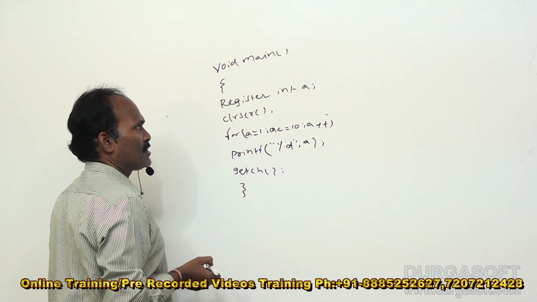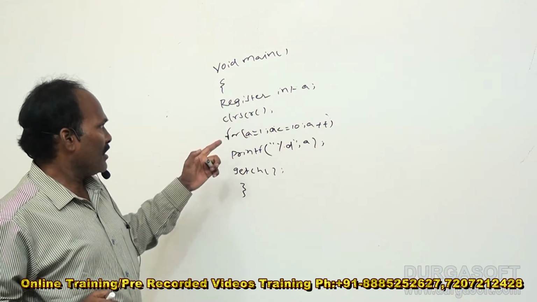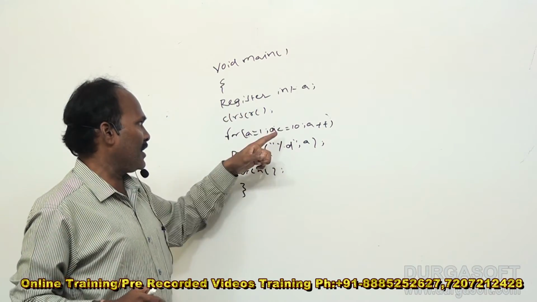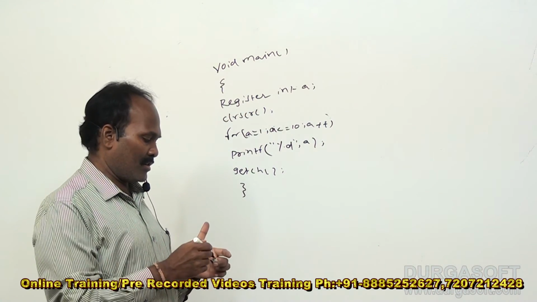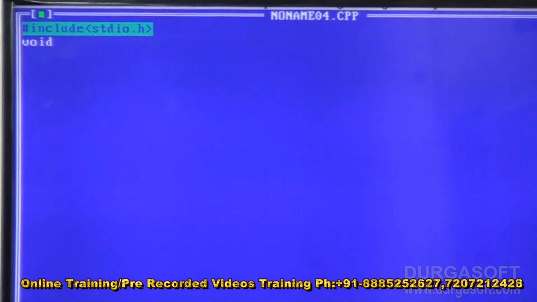This is about register variables. Here I am printing a value, taking a value in the loop, or directly you can use a value. #include <stdio.h>, void main, register int a.